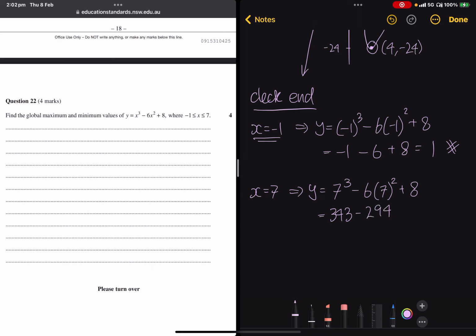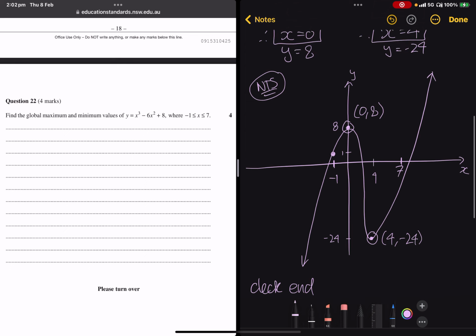So 343 minus 294 plus 8. So 343 plus 8 is 351 minus 294 should give us 57. So I'm just going to put this whole expression into my calculator as one long string to make sure that this is right. 7 cubed minus 6 times 7 squared plus 8 gives me 57. So this is correct.